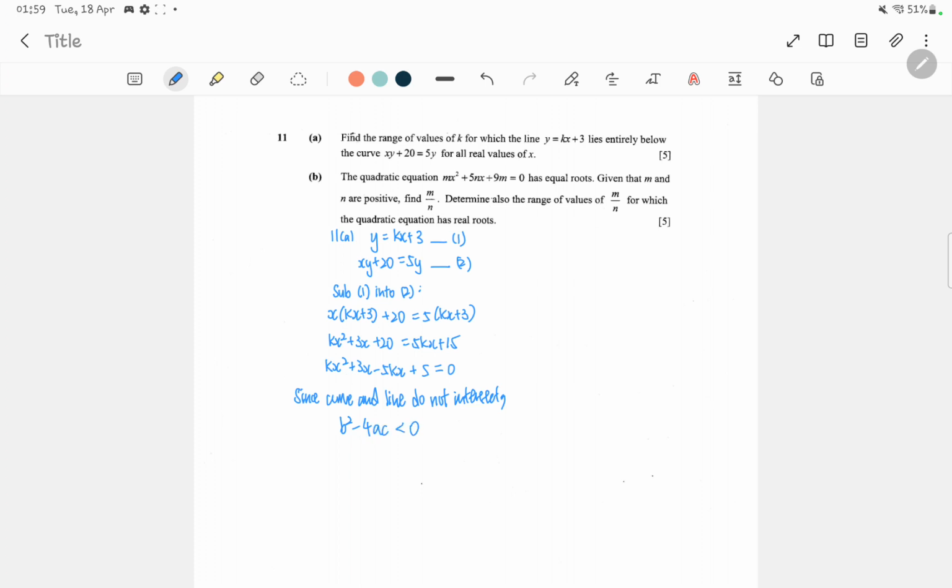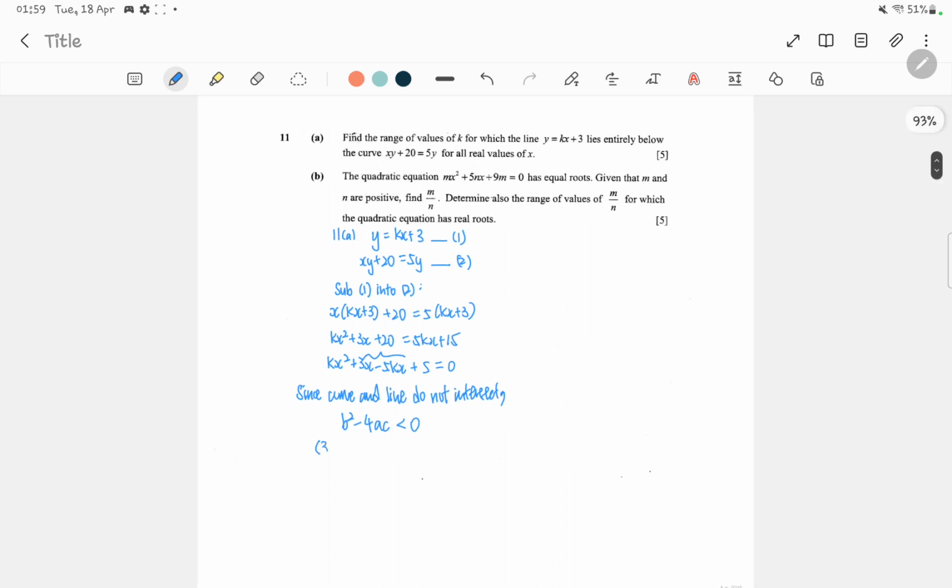If I factor out x over here, then the b will actually be 3 minus 5k. So this will be (3 minus 5k) whole thing squared minus 4 times a, which is k, and finally c, which is 5, and this is less than 0.